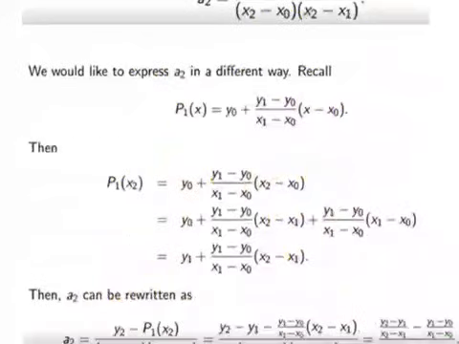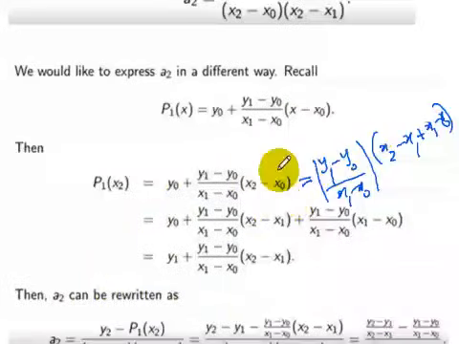Right. So what I do here, I add x1, and I subtract the same value x1. So here I did nothing, right, because this cancels with this, right?